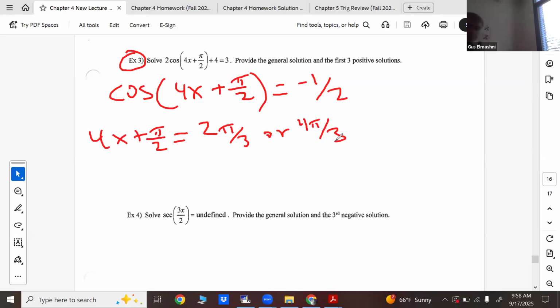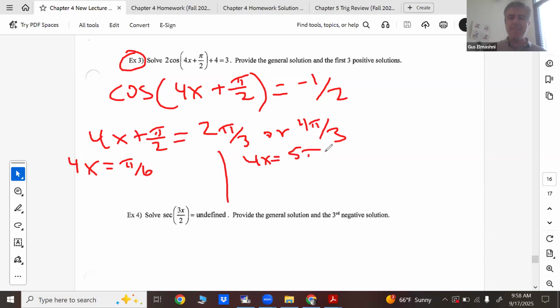Then just solve each one separately. Lovely fractions. Pi over 6, I think, because you convert that 4 pi over 6 to 3 pi over 6. And that one, 5 pi over 6. Even more lovely. Look at that.